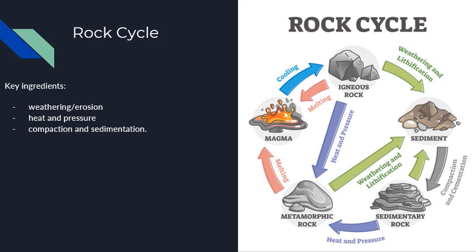You see at the top of this picture there's igneous rock, but this rock is on top of a mountain, and it is actually changed by weathering and lithification, which means that due to erosion and weathering, parts of this rock crumble downwards on the slopes of the mountain. They turn into sediment.